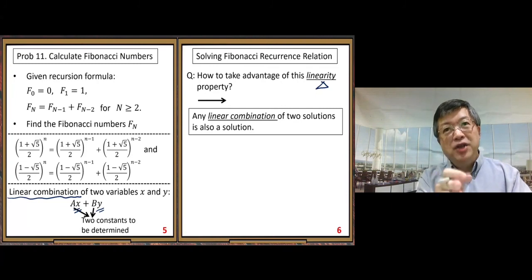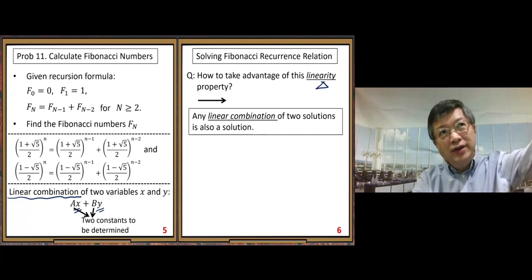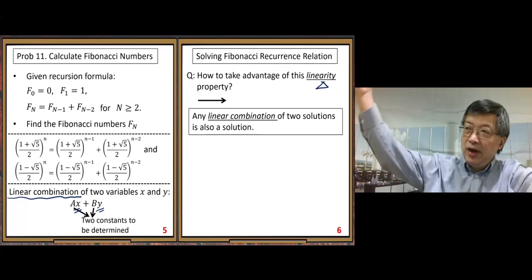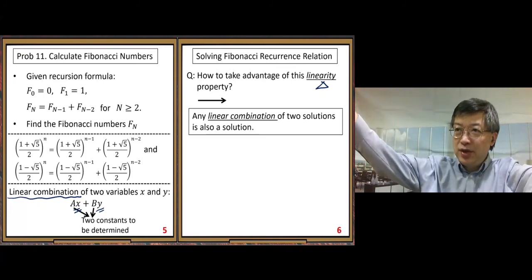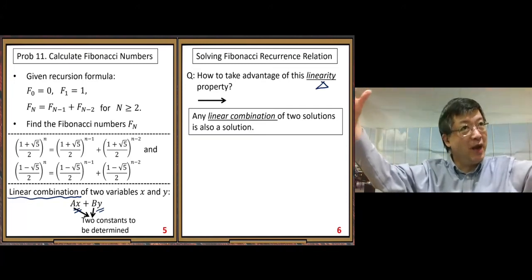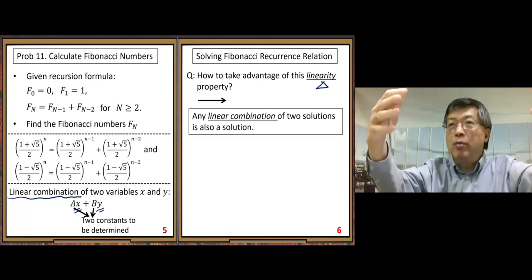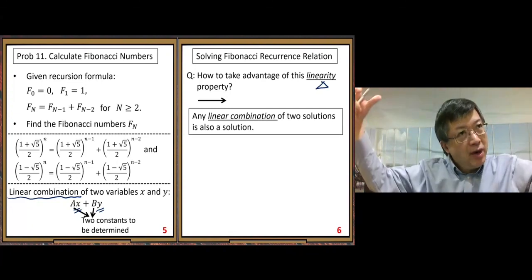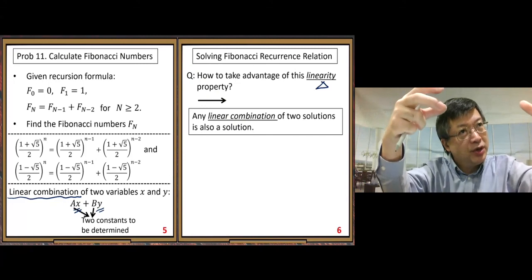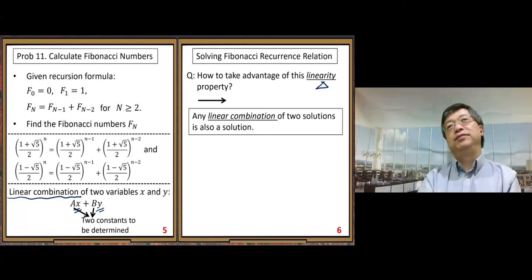Any linear combination of two solutions is also a solution. We have one special solution, we have another special solution, and now we can form a linear combination of these two solutions. Based on the linearity property, the linear combination of two special solutions is still a solution.